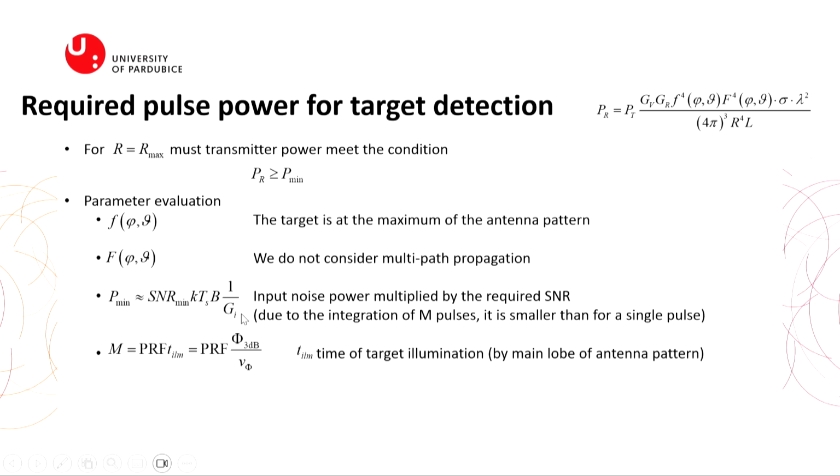What is GI? It is the integration of M pulses, because we don't have only one pulse, but multiple pulses in the CPI. So M is PRF times number of pulses. Integration of pulses is equal to PRF multiplied by illumination time. What does this mean?